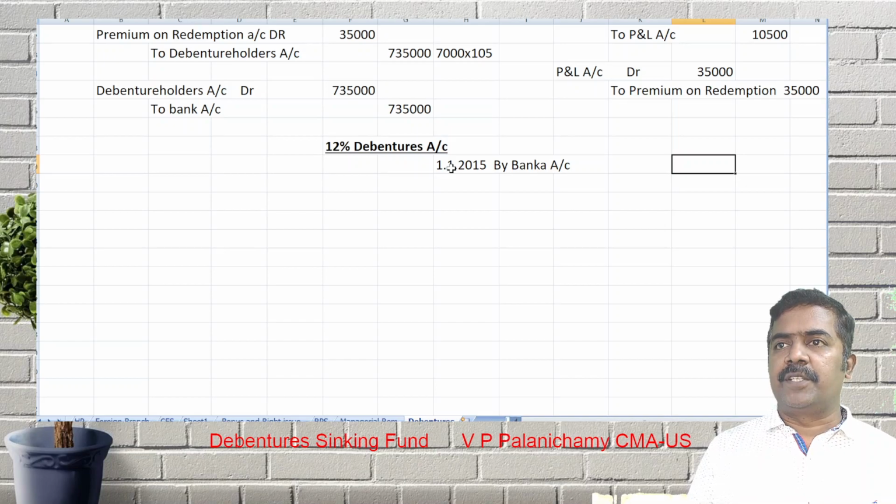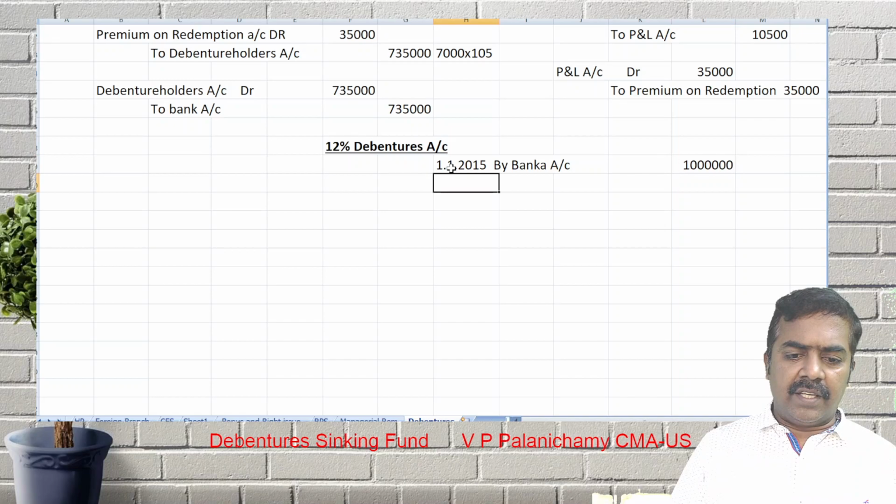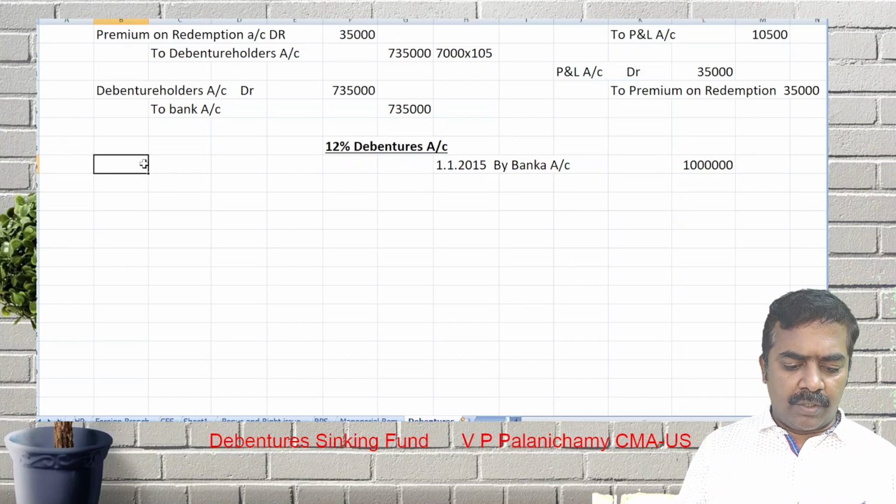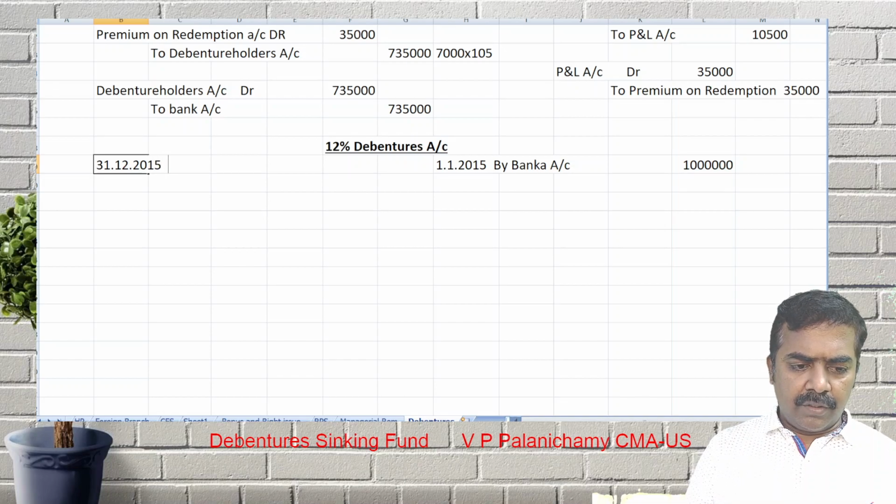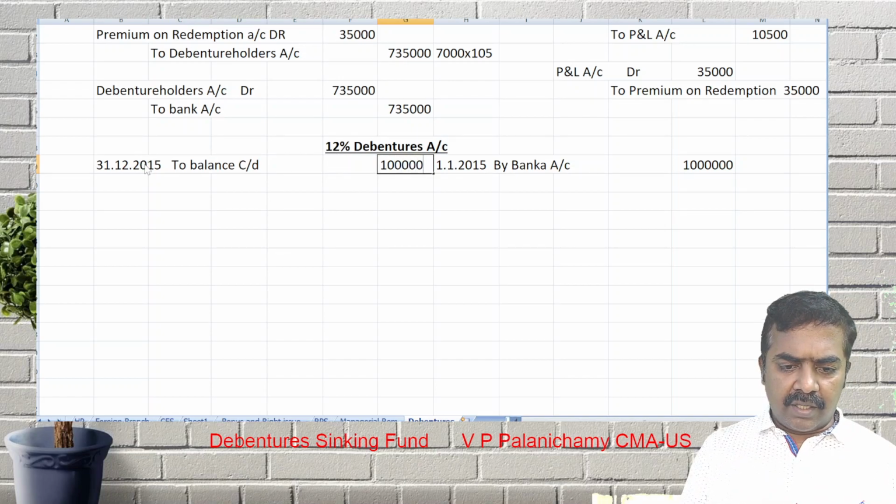First entry pass பண்ணலாம். Bank account debtor to debentures account 1/1/2015. எவ்வளவு amount? 10 lakhs. First yearல no transaction. Debentures accountல no transaction. 31/12/2015 to balance carry down. எவ்வளவு இருக்கும்? 10 lakhs.